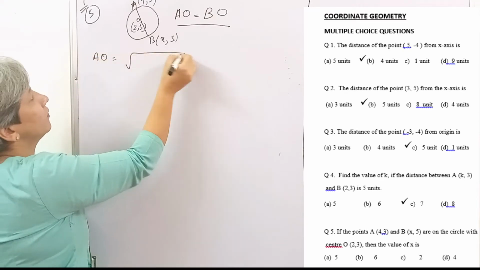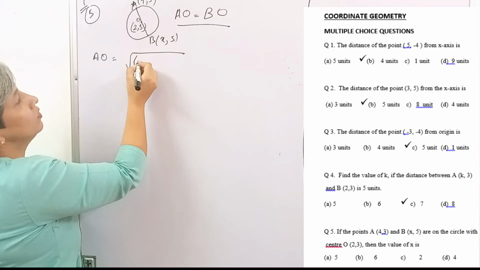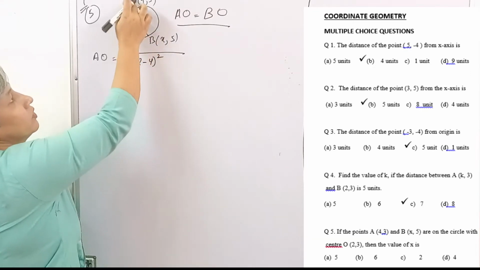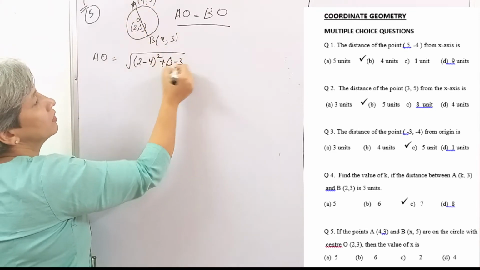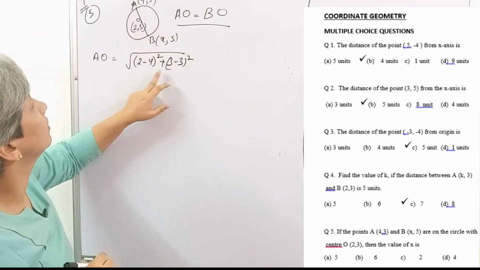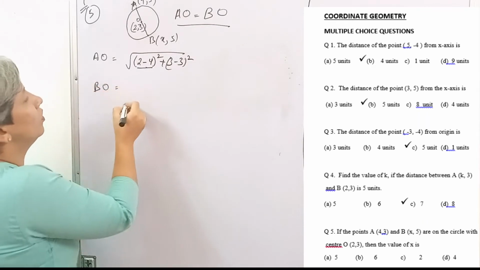AO will be, these are the 2 points. So (2 minus 4) whole square plus (3 minus 3) whole square, that is x2 minus x1 and y2 minus y1.